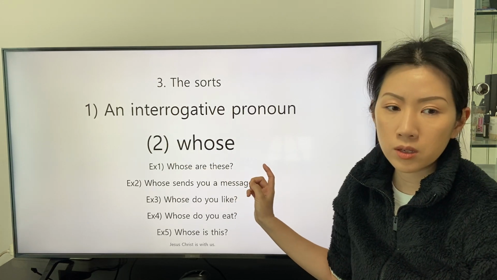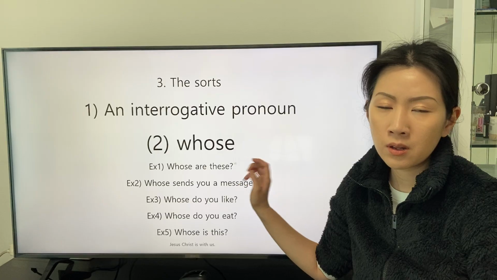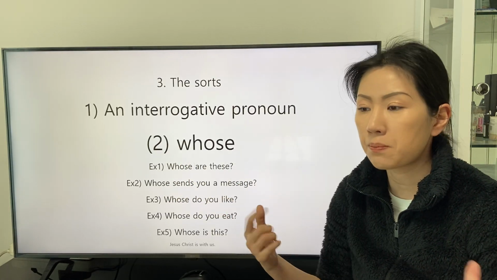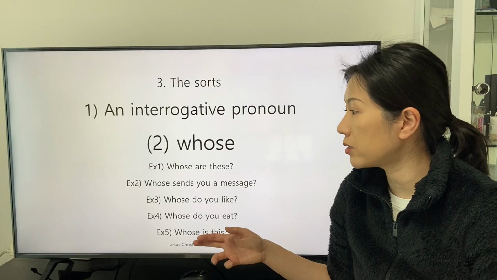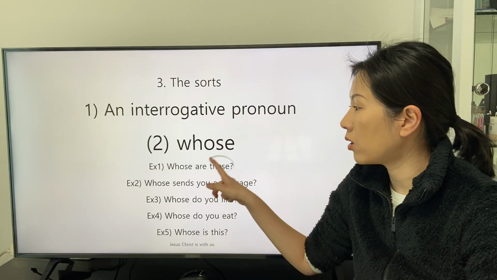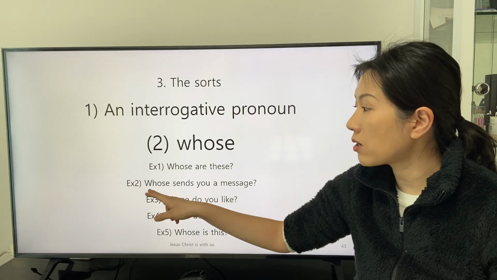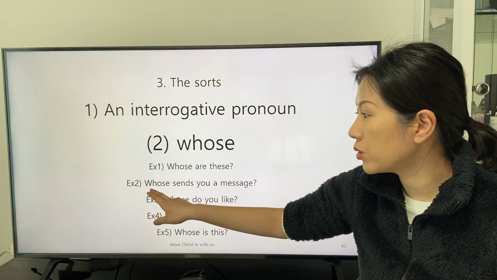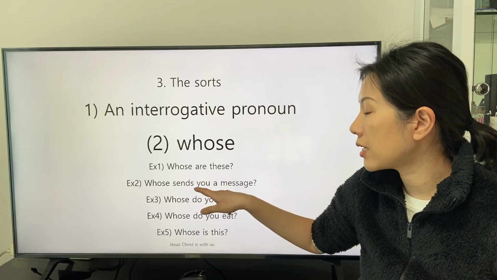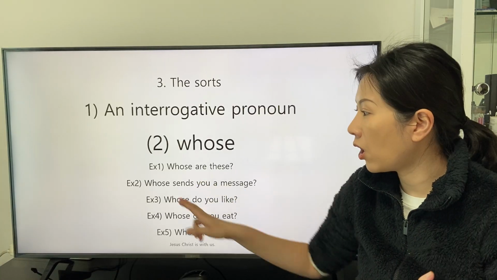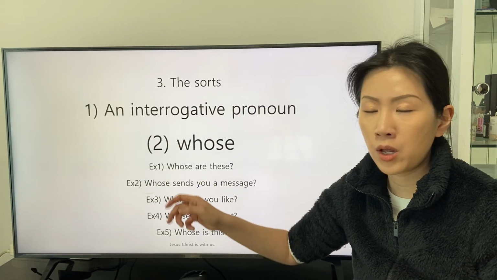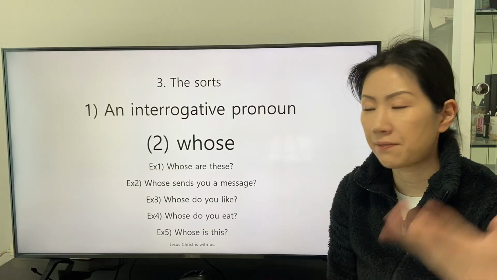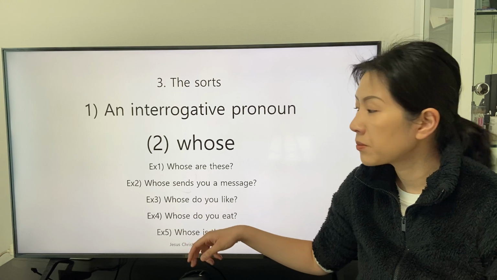The first one is this: Whose are these? In this class, the interrogative pronoun whose is applied as the subjective complement to define the subject. In the second example, whose sends you a message, the interrogative pronoun whose has the role of the subject who actualizes the definition of the transitive verb send.